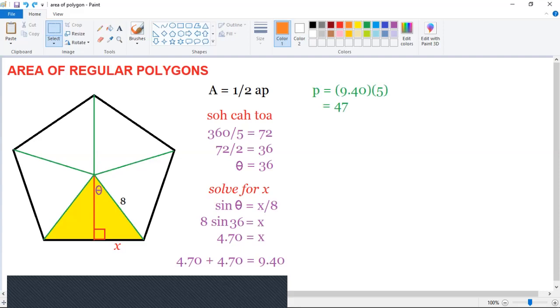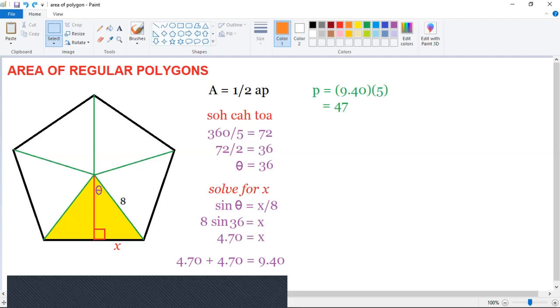Now we need to solve for A, the apothem. With the right triangle, the A here is the adjacent side to the known angle, theta. Since we have an adjacent side and hypotenuse, we can use cosine, adjacent over hypotenuse. While we already know x, which you could use for A with tangent, opposite over adjacent, it is always good to use the given value, which is 8, rather than the x you just found.